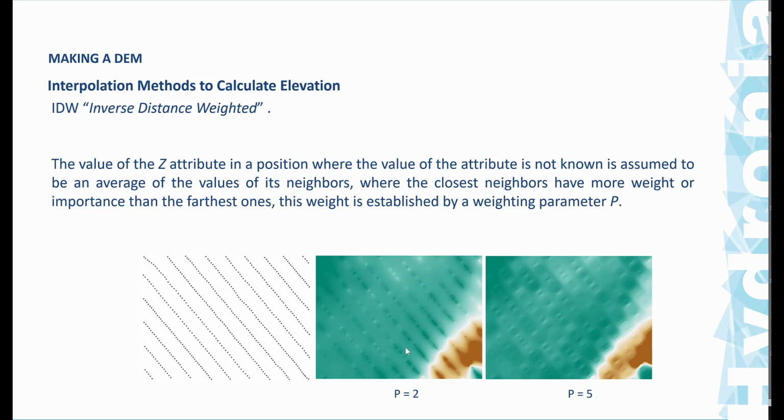The problem with that is that the result quality depends on the parameter. If you use, for instance, a weighting parameter of 2, so the inverse distance is weighted by the square of the distance, then you get a set of bumps, as you can see here, which is not very natural for the terrain.